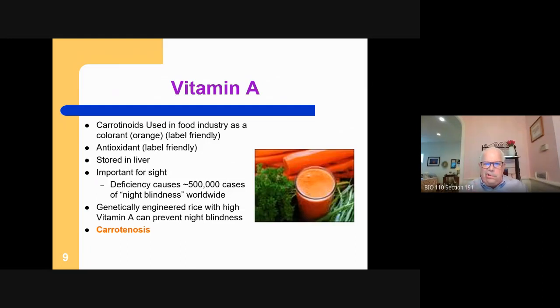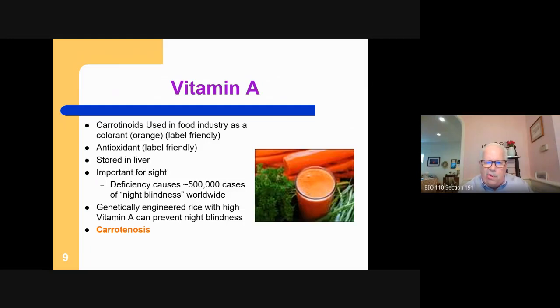It's used as a colorant. It's used to make things orange. It is an antioxidant. It gets rid of the free electrons. And what are those free electrons? Hydrogen. It gets rid of them. It reduces them to make metabolic water. That's what an antioxidant does.